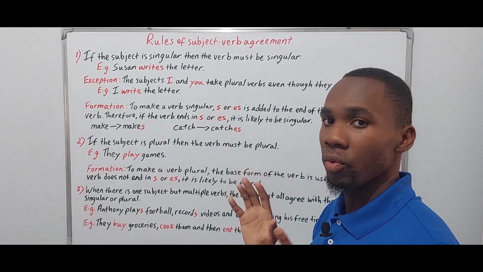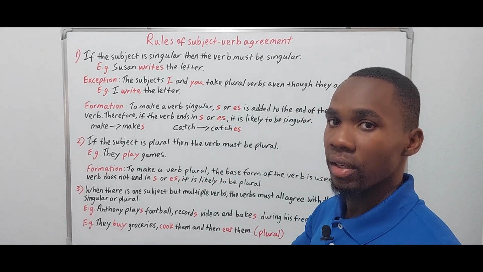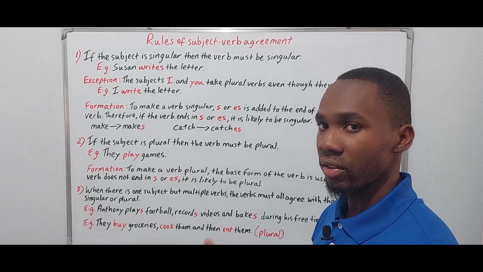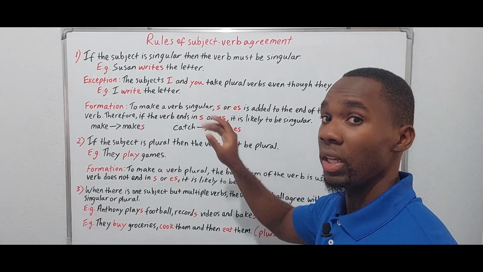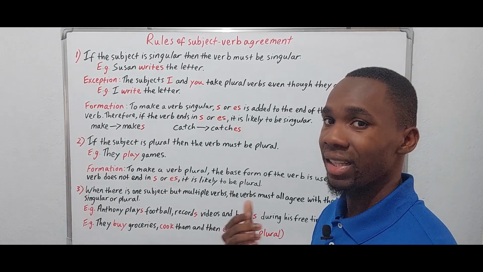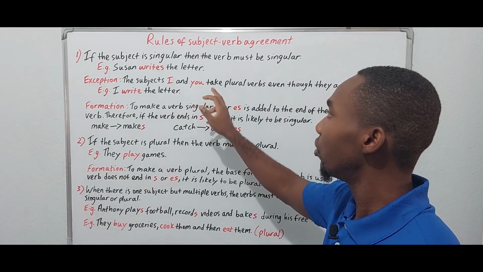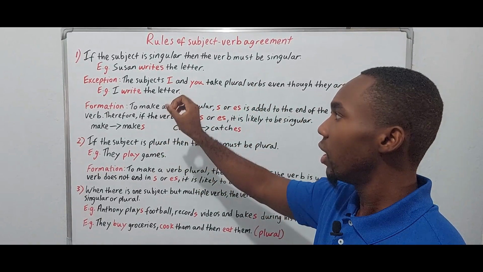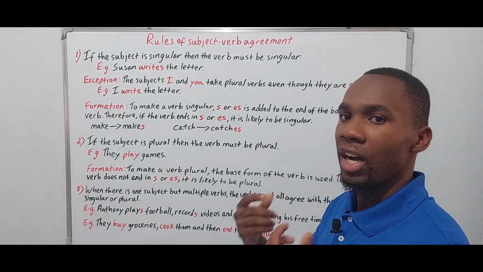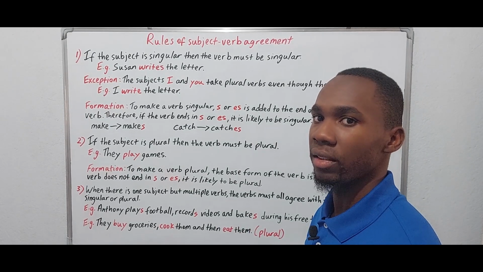Now, when it comes to this rule, there are two exceptions. We said a singular subject requires a singular verb. But the subjects I and you, even though they are singular, take plural verbs. For example, I write the letter. We don't say I writes the letter or you writes the letter.